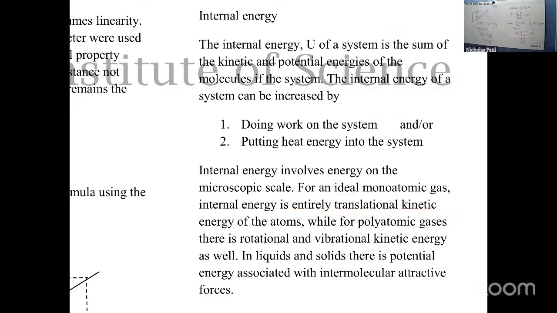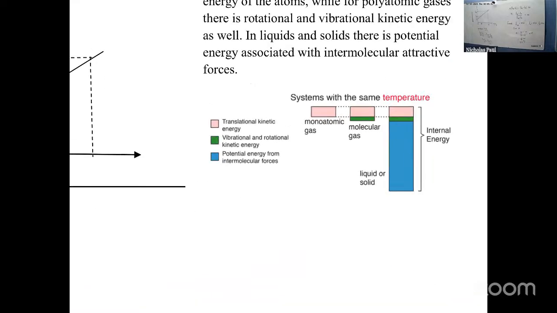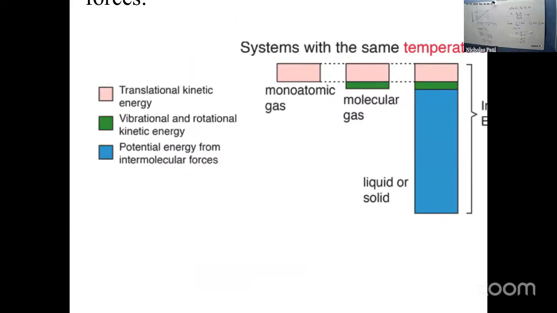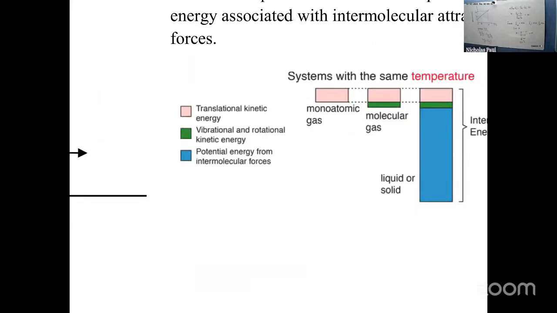While for polyatomic gases, that's gases where the atoms are bonded to each other, they have rotational and vibrational kinetic energy as well. In liquids and solids, there is potential energy associated with intermolecular attractive forces. This diagram shows what the internal energy of gases, liquids and solids is made up of.